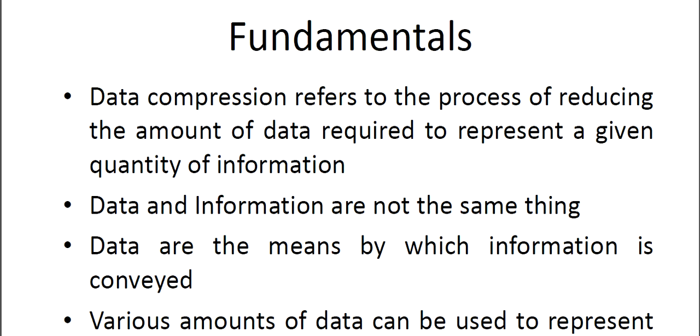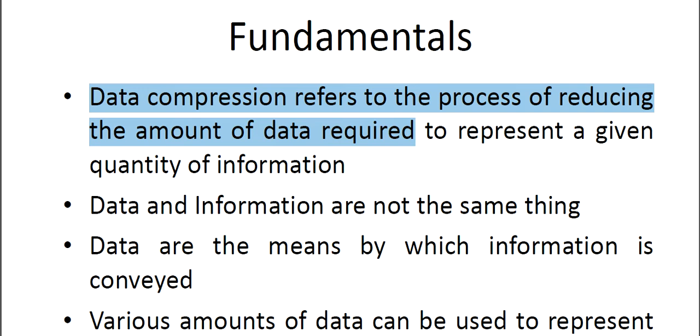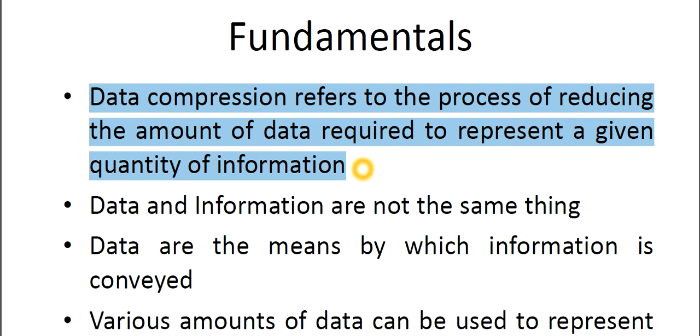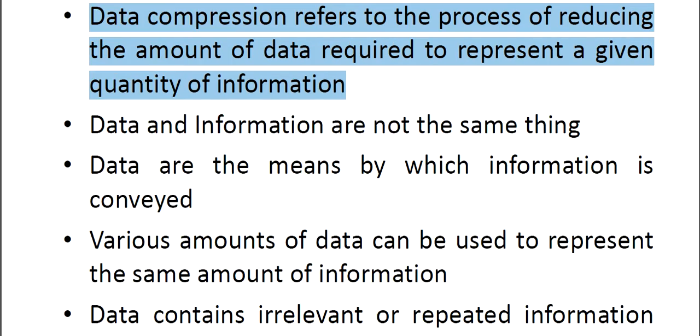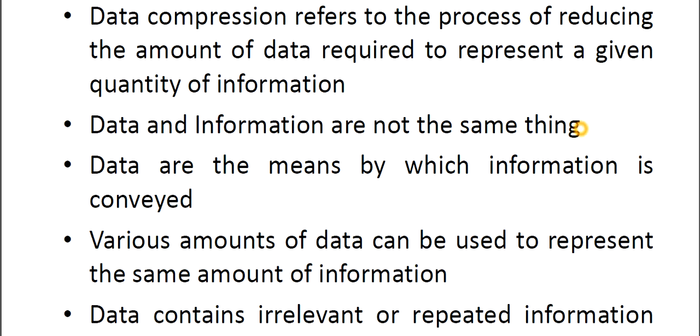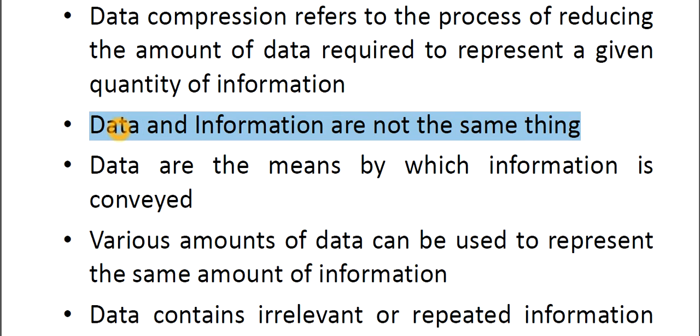That is, data compression refers to the process of reducing the amount of data required to represent a given quantity of information. And you know that an image is nothing but a kind of data. So data and information are not the same thing. Do remember that data and information are not the same thing. In my DBMS lectures, I always start with this, that is data, information, knowledge.